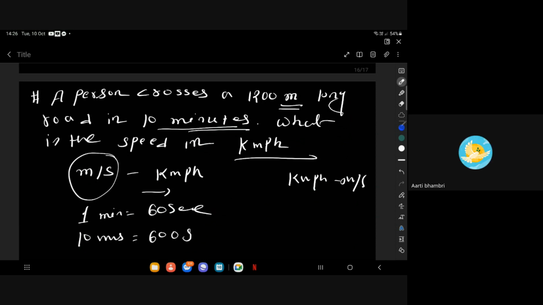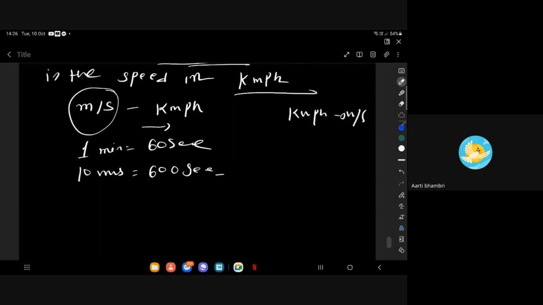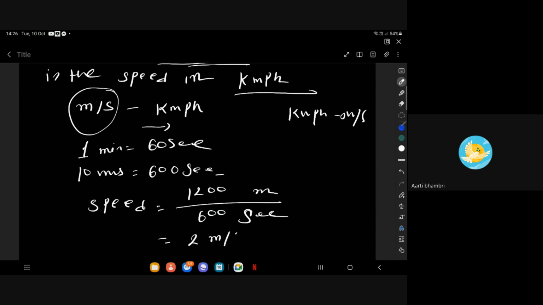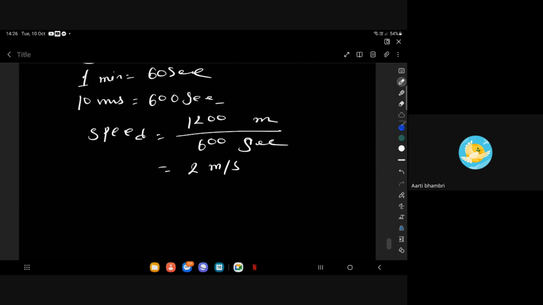Now see the speed. What is the speed? 1200 meter divided by 600 seconds. What is coming? 2 meter per second. Now it will be easy for you to convert. This is in meter per second, so you have to convert it to kilometer per hour.